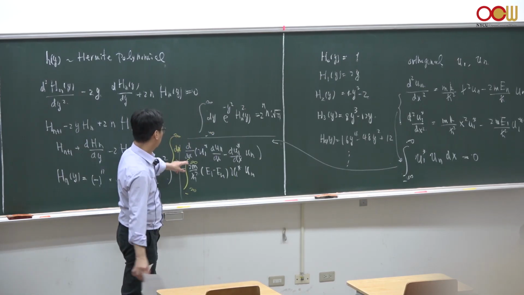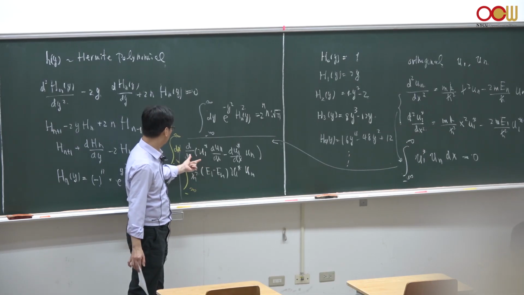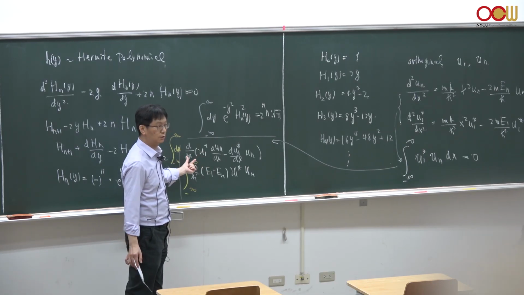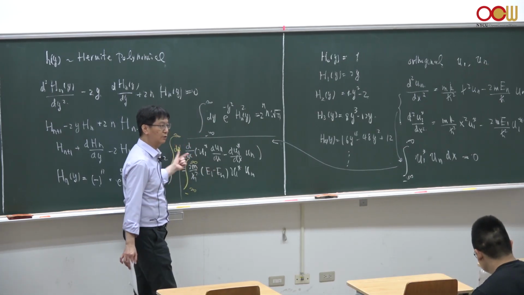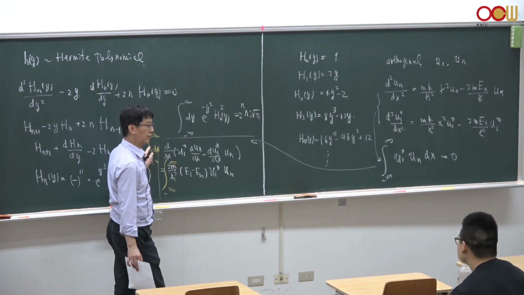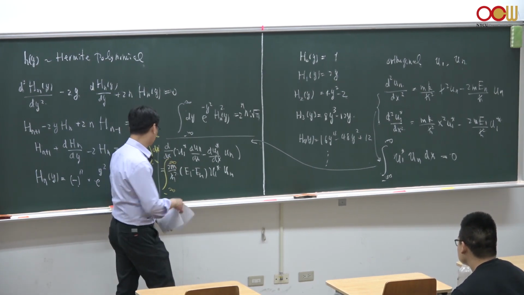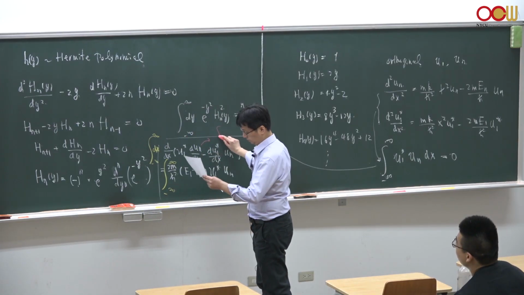On the left-hand side, on the top of the equation, we get the total derivative of something, right? And you integrate over the total derivative, so the integration and the derivative cancel, and you get the boundary value. So the first term gives you the boundary value.